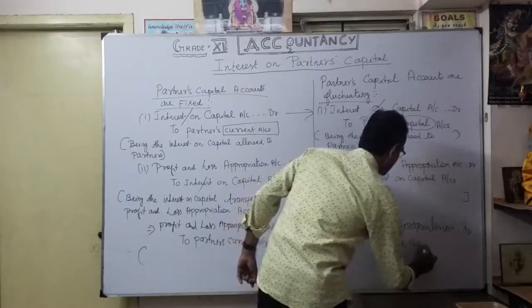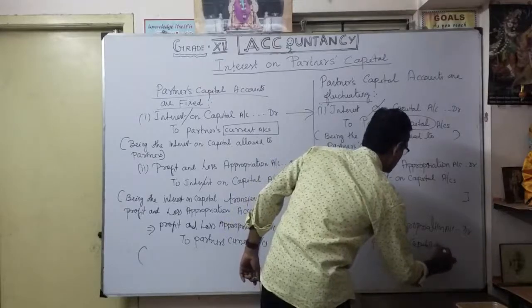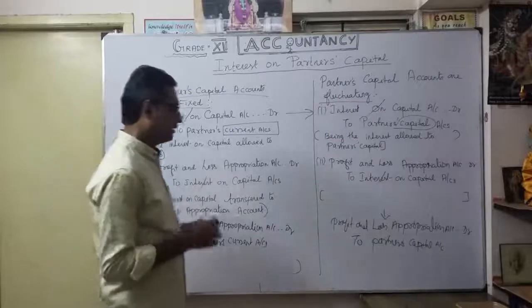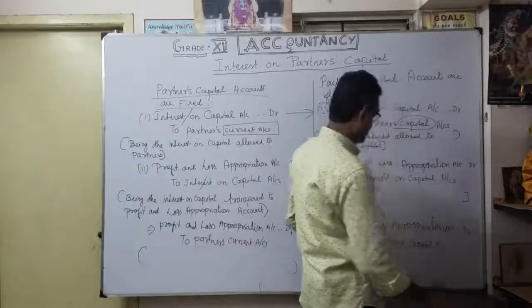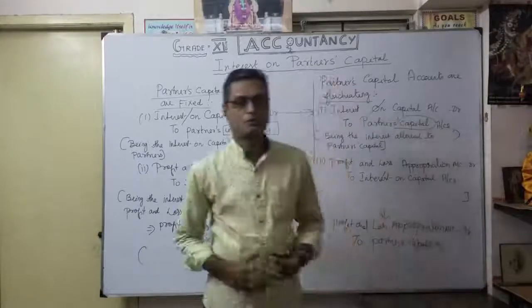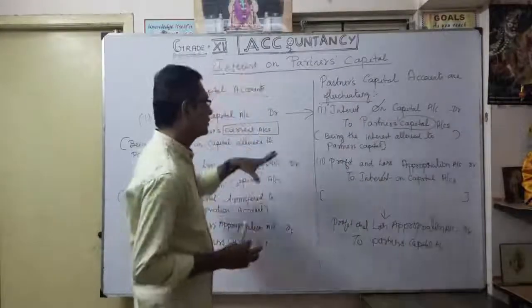Likewise, we can transfer whatever. Profit and loss appropriation account debit to partners' capital account. Understood? So accordingly, that is how you make the entry.